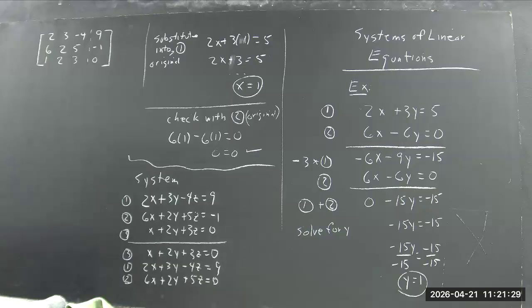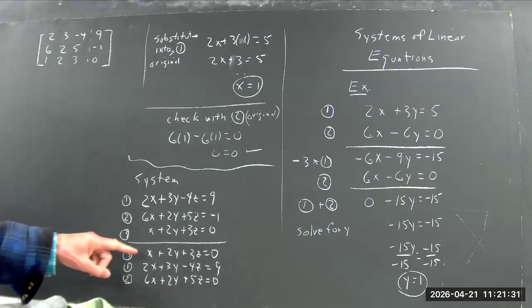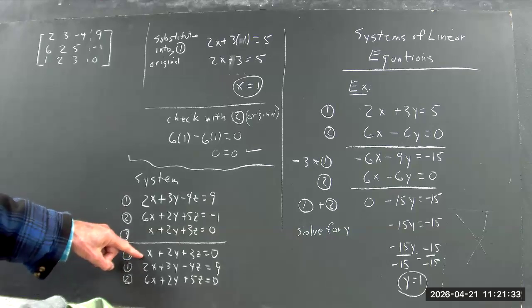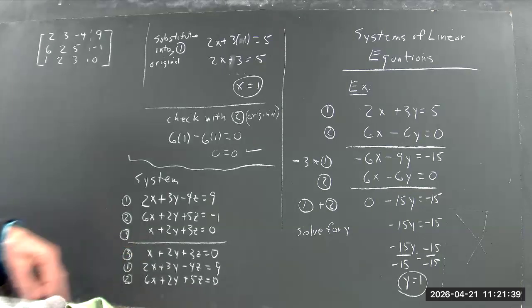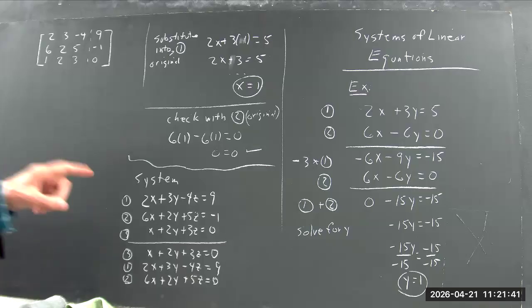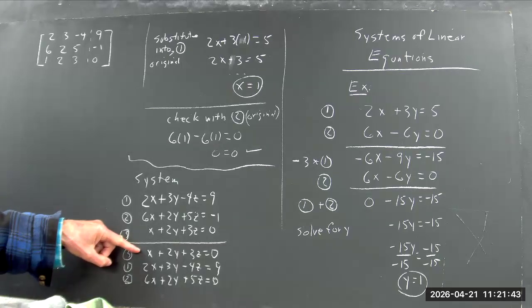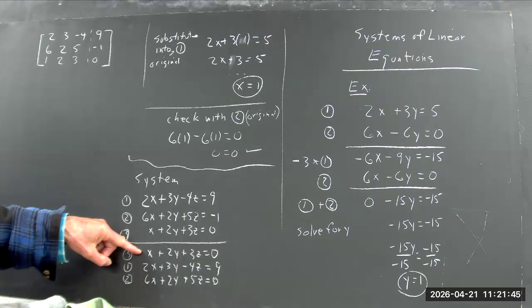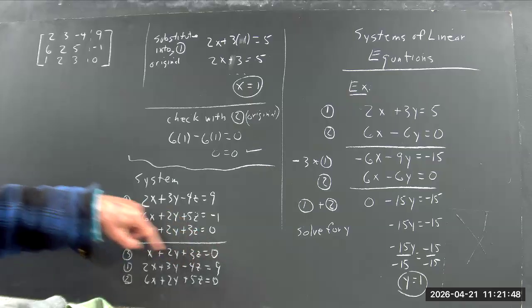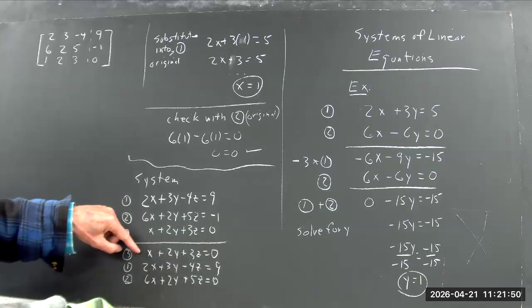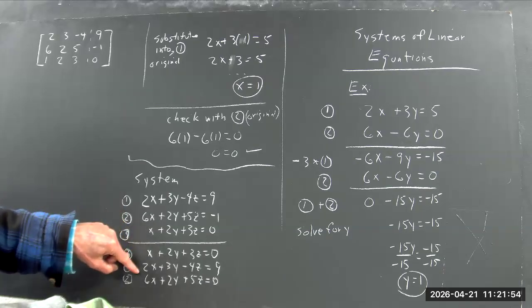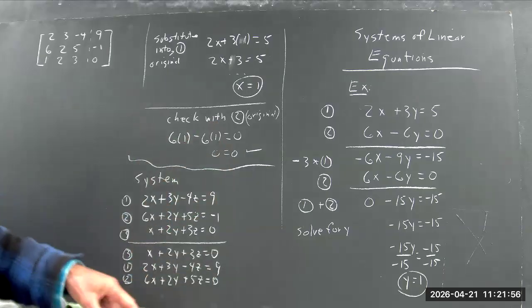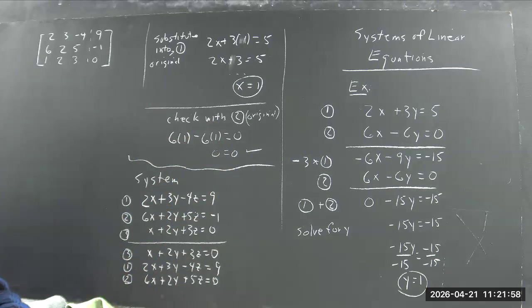And the reason I like that is because now I've got a 1 in front of my x in the first equation. That's something we always want. If I multiply the first equation by -2, I'm going to have a -2x here, so when I add the first equation to the second, my x in the second equation is going to go away.